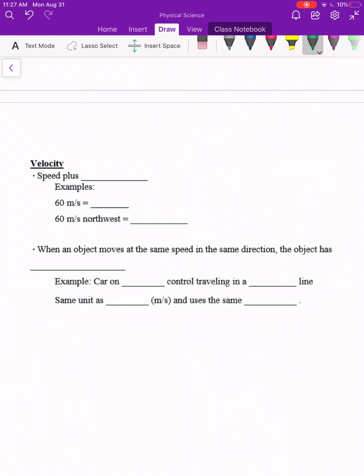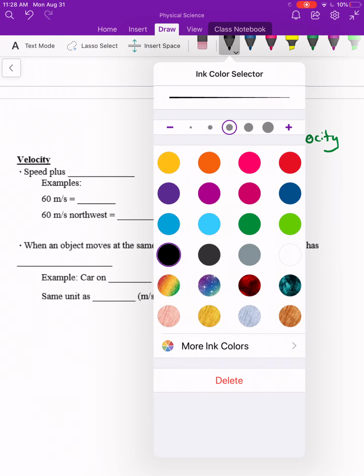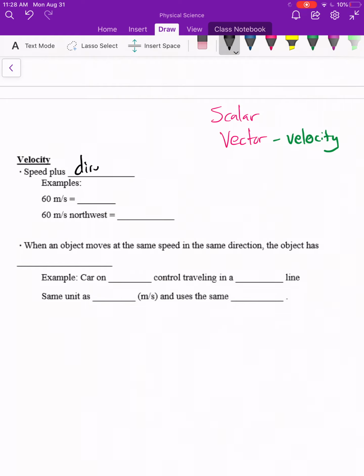We said that velocity, remember you had two different things. You had scalar and vector. And if you remember, we said we were going to say velocity was vector because they both started with V. And the only difference was that velocity is speed, but we also have to add in direction.